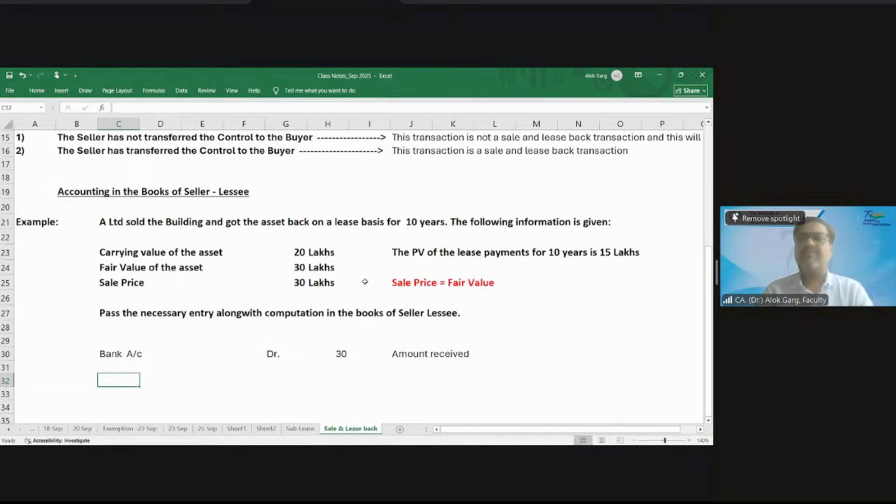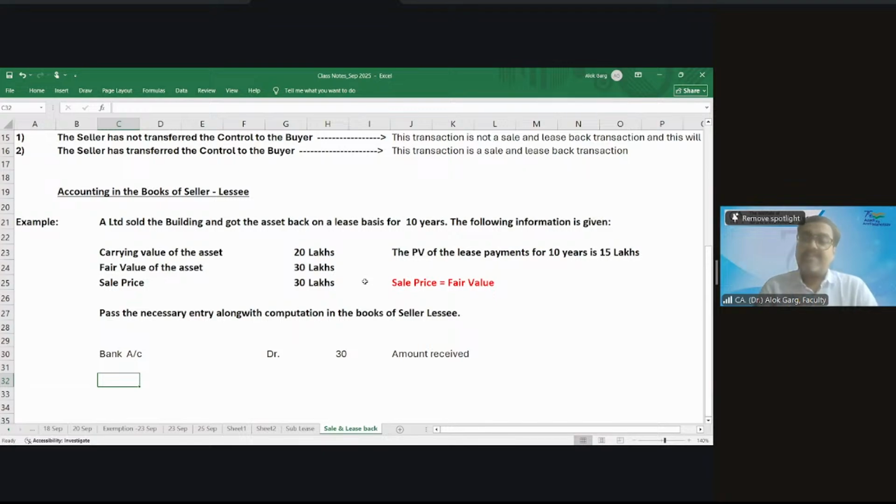15 lakh. Brother, if today you have received 30 lakh, what is your liability? It is 15 lakh, isn't it? Present value of future lease payments on the commencement date. Yes, sir, 15 lakhs, lease liability. So on the day one, two things are there. Number one, you received money of rupees 30 lakh.